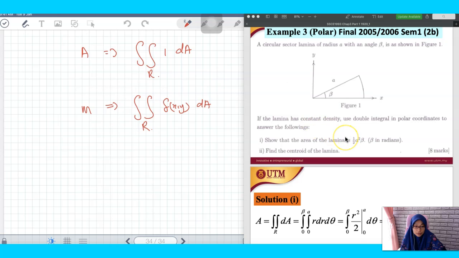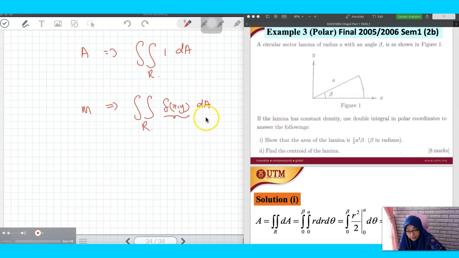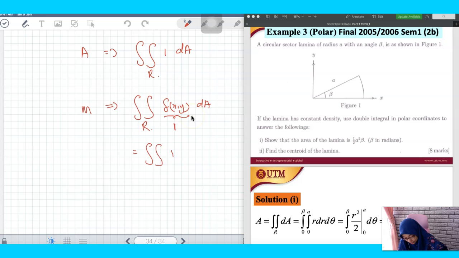I think the instruction here should be clearer. They have to provide the density. We understand this is a constant, but it can be 2, it can be 3, it can be k. But in this case, to obtain this, we should have the density equal to 1. When the density is constant and equal to 1, it turns out to be 1 dA as well.